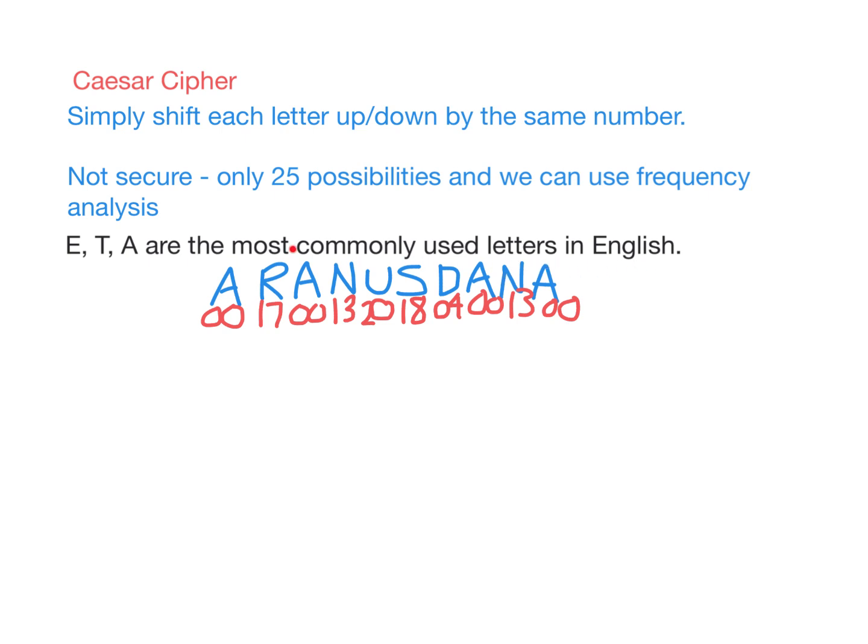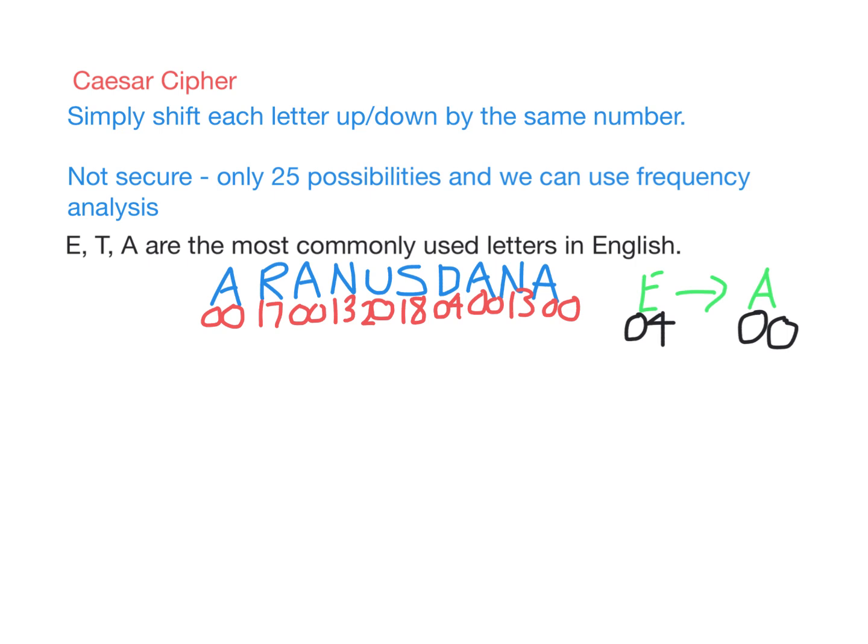So if I had text like this and I know that a Caesar cipher is being used, I could make some guesses. Clearly in this word, A is the most common letter. So we might first guess that E has been mapped to A. If I put these in numbers, E is 04 because it's the 5th letter of the alphabet, A is 00 because it's the 1st letter of the alphabet.